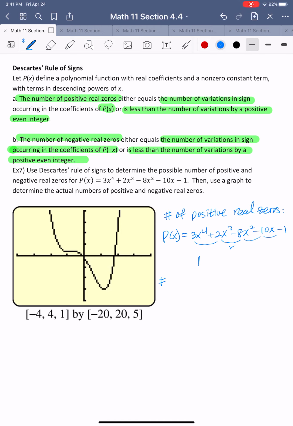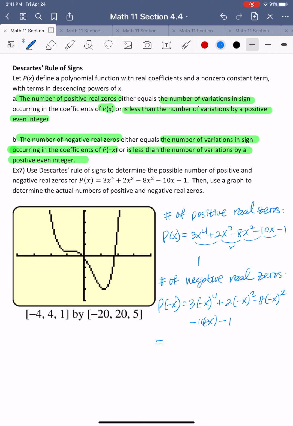And then to find the number of negative real zeros, you have to check p of negative x. So plug in negative x for x. That's 3 times negative x to the 4th, and 2 times negative x cubed, minus 8 times negative x squared, minus 10 times negative x, minus 1.